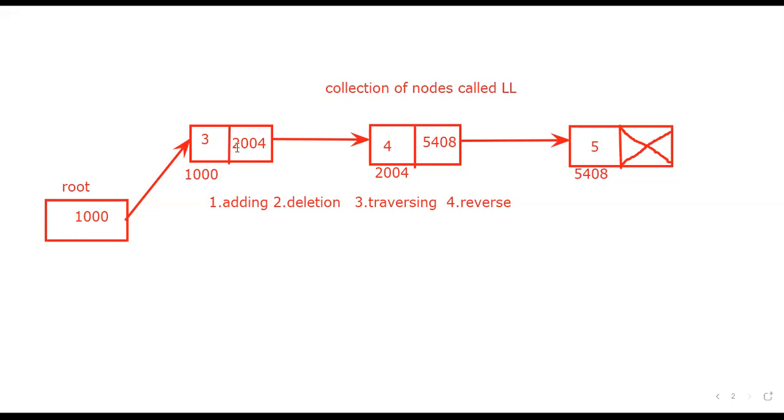We can store any type of data, but every node is like a structured type of data. It will store only the same type of data. For example, if integer data is there, string data type is not accepted here. It will store the same type of data only.